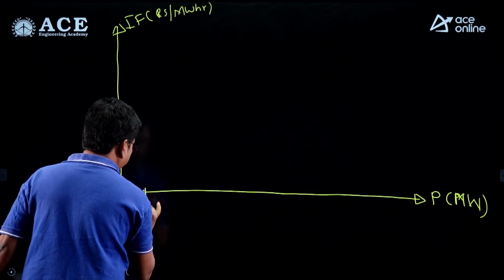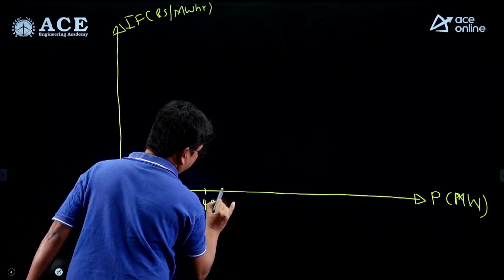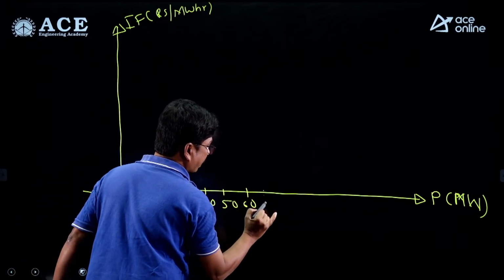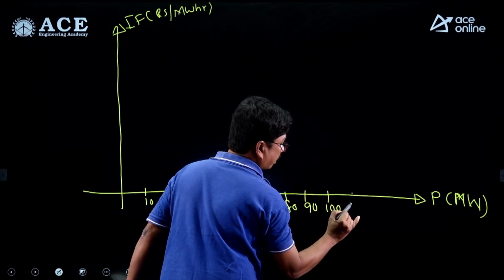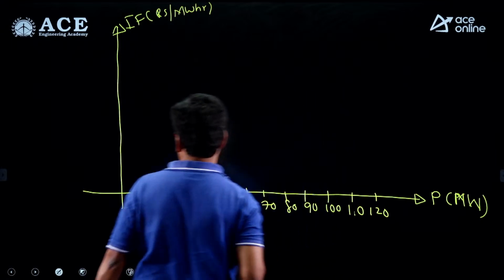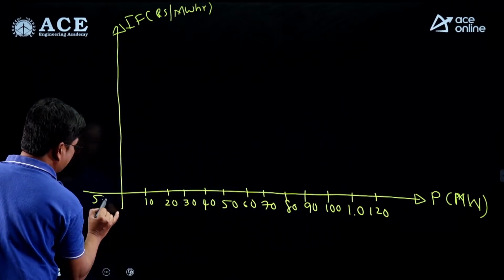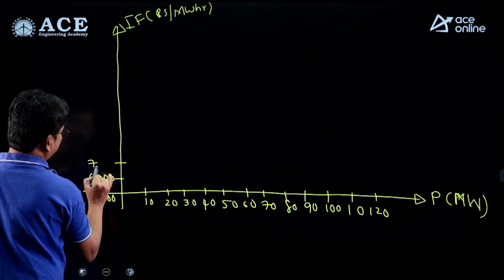The x-axis runs 10, 20, 30, 40, 50 like that, and on the y-axis the starting point is 5,000, then 6,000 and 7,000.